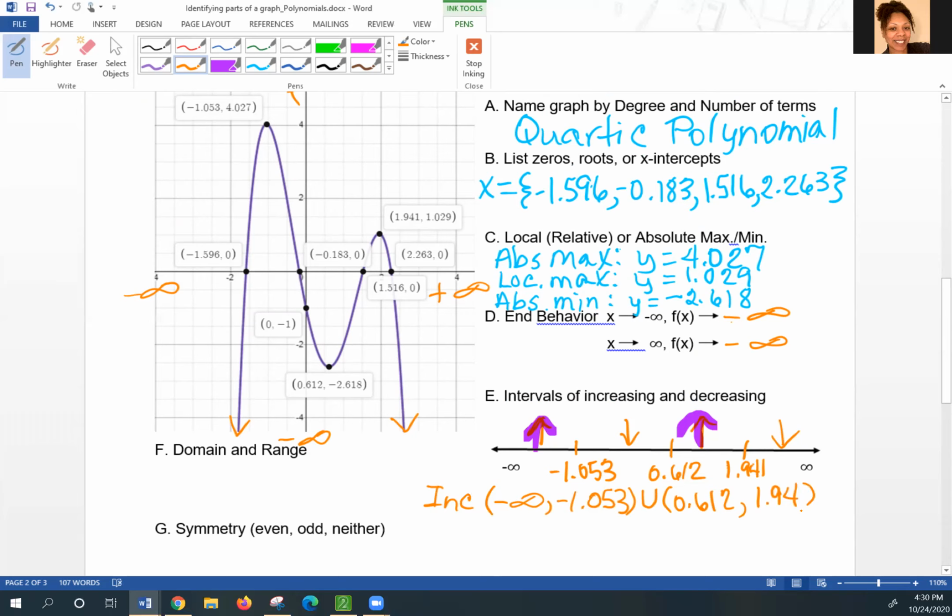Now I want to show my parts where I decrease. So here, my first point will be negative 1.053. And I decrease all the way until I get to 0.612. And my next decrease starts at 1.941. And it keeps decreasing all the way to positive infinity.